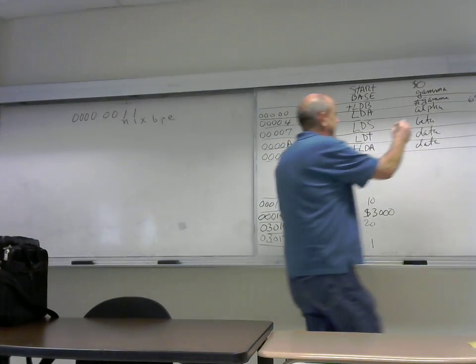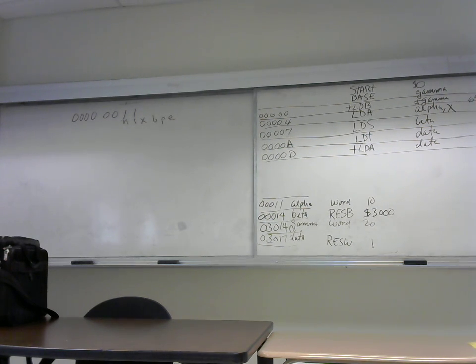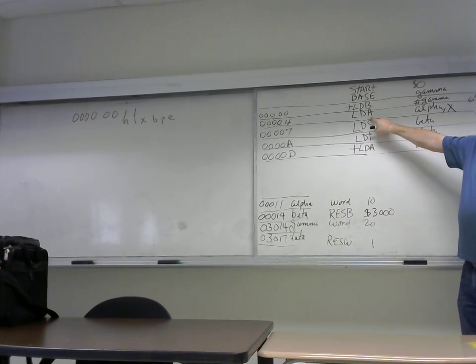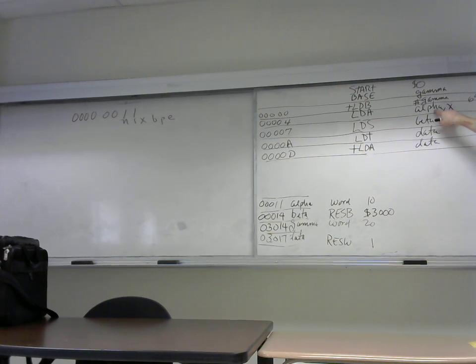Do you know what that looks like, right? Yes, if it were alpha comma X, then we'd set the X bit. Now what is that addressing? That says, okay, this is load in register A the contents in memory located at alpha plus whatever's in the X register.